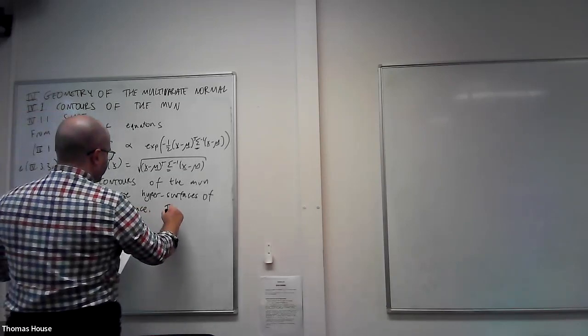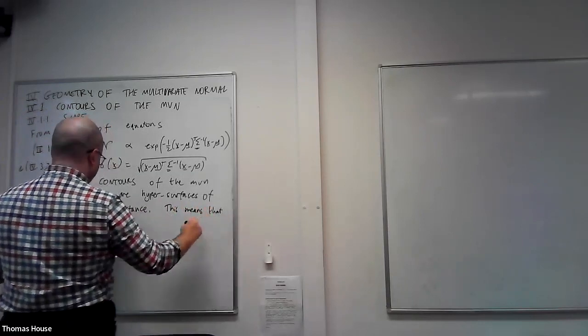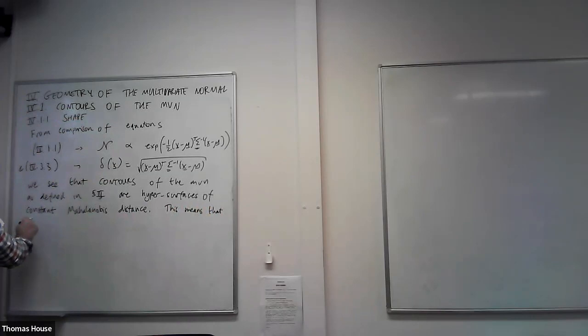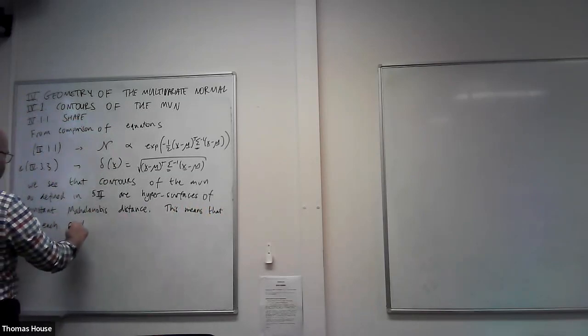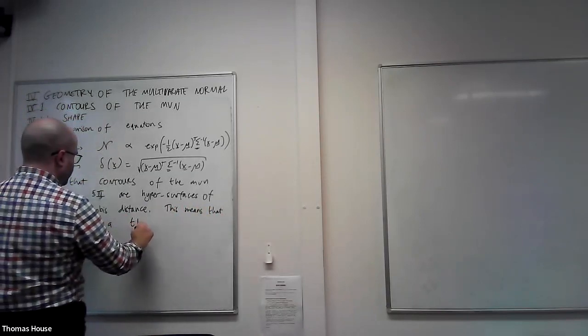This means that for each constant a, there will be a contour.